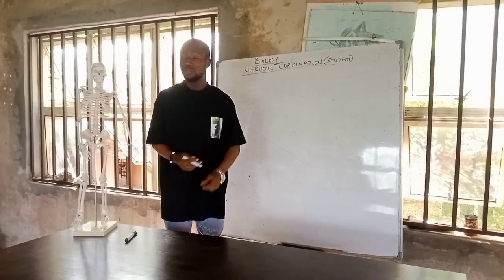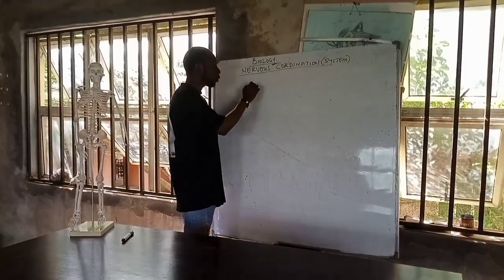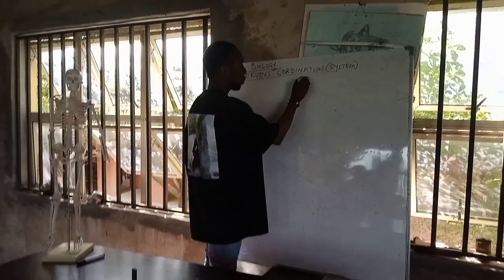Alright? And it's the system of nerves. You have heard of the system called the nervous system. We have the brain.